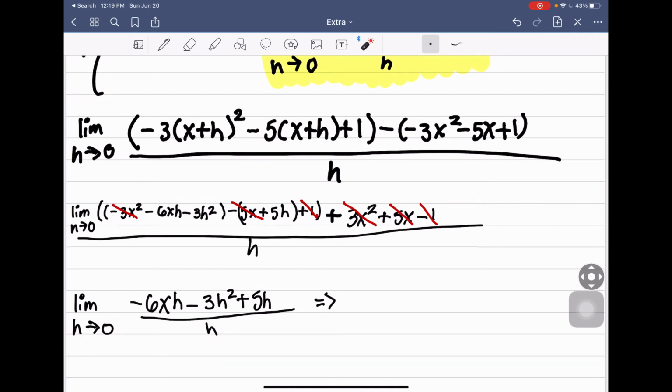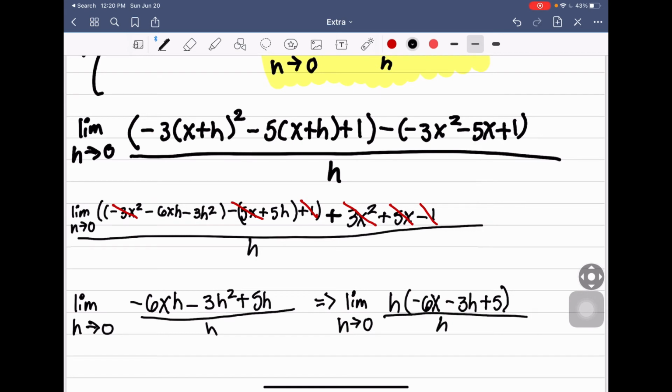Well, one thing we can do is factor out the h's, since we see that all of our top variables have an h in them. Let's do that. So the limit as h goes to 0, I'm going to pull out the h. We got negative 6x minus 3h plus 5, all over h.